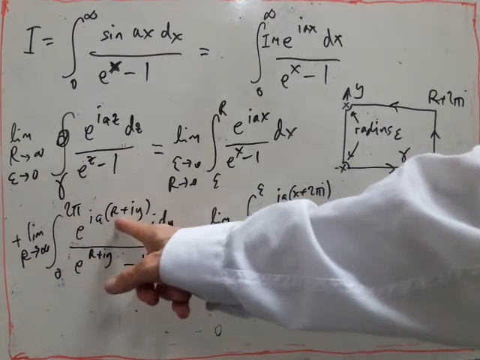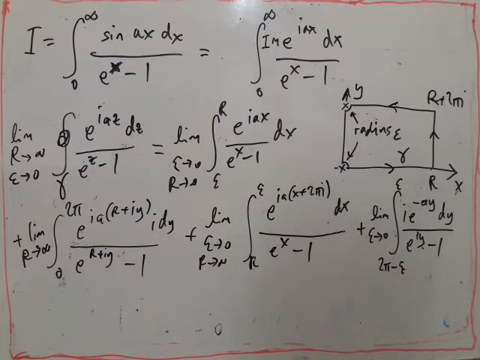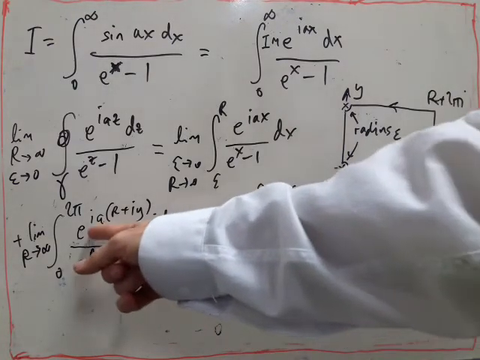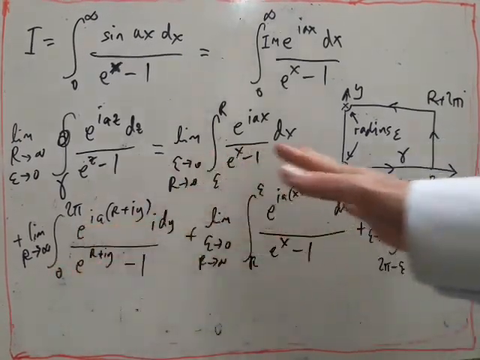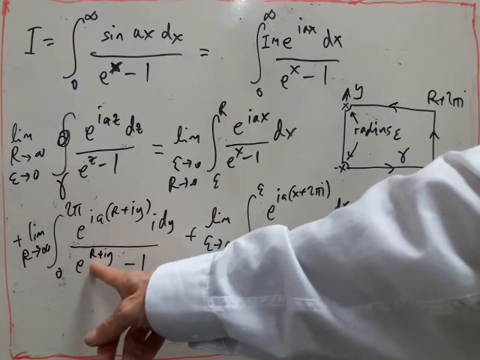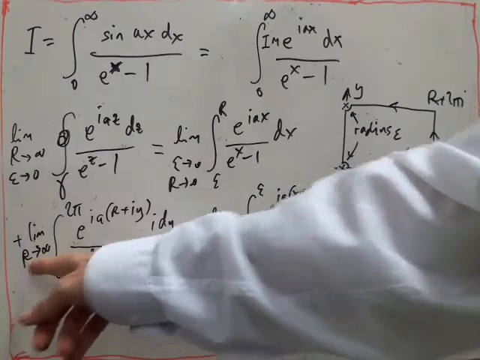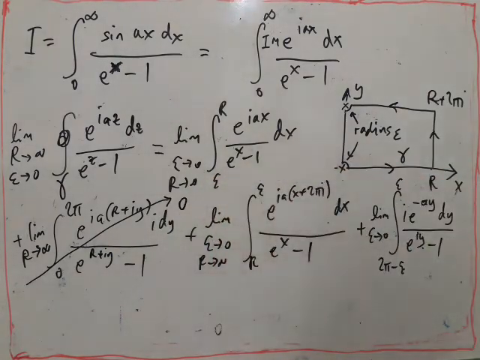This factor doesn't have y in it, so I can take it out. That has modulus 1, because a and r are real, so that has no consequence. I've got e to the minus y, and I'm only integrating y from 0 to 2 pi, so that's under control. What I'm really interested in is that I've got e to the r on the bottom. So overall, this integrand is going to tend to 0 as r goes to infinity. So this integral is going to give you 0 as r goes to infinity. Okay, so that was the easy bit.